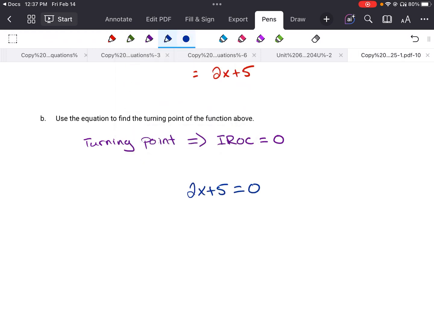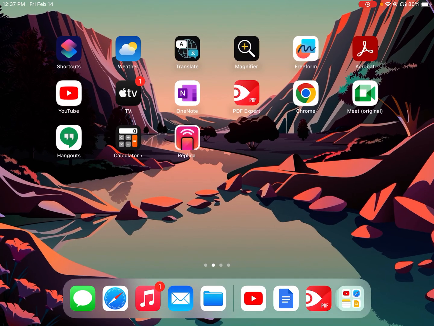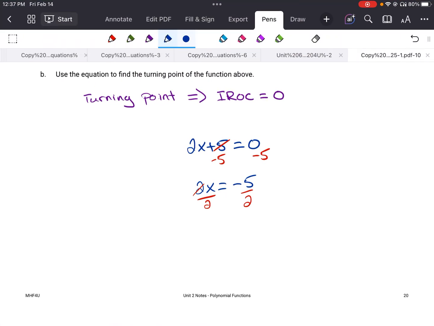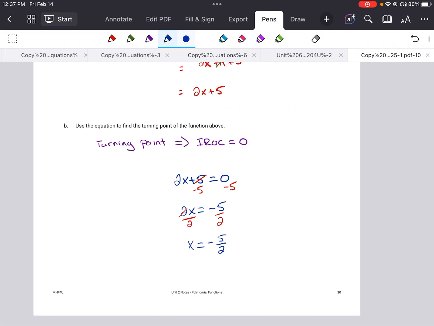So let's make 2x plus 5 equal to 0. We'll isolate the x, we'll subtract 5. 2x equals negative 5, and we divide by 2. My apologies. So x equals negative 5 over 2.